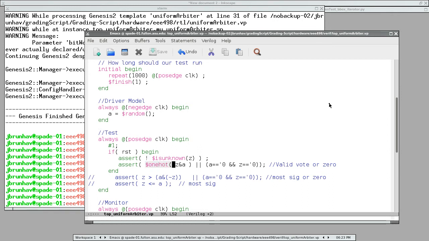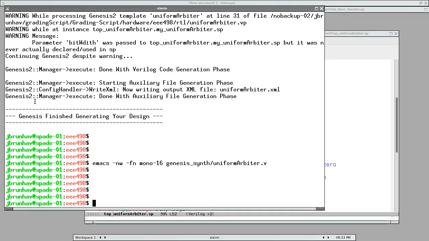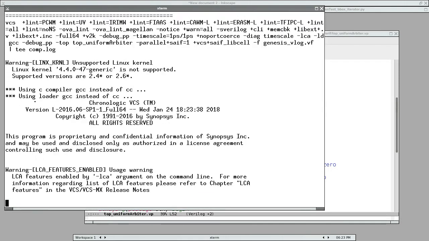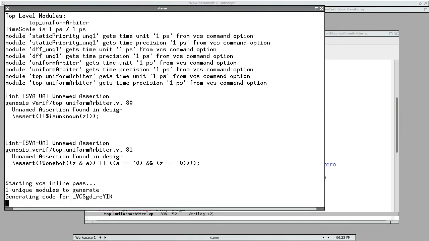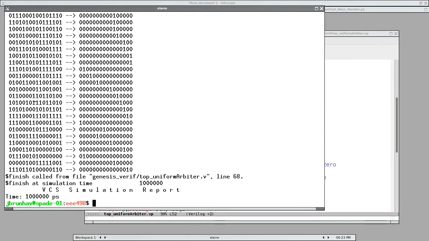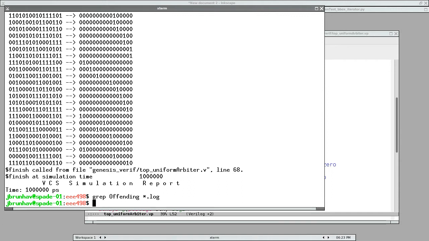Yep, so this is just saying that the winner must be from the input and one hot. Okay. Make run. So, grep offending star.log. So it looks like we passed.